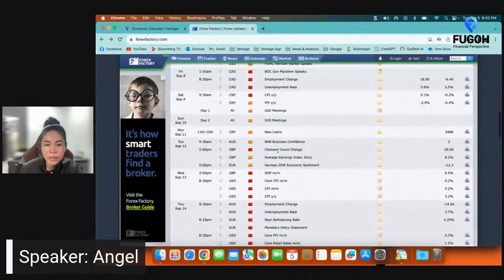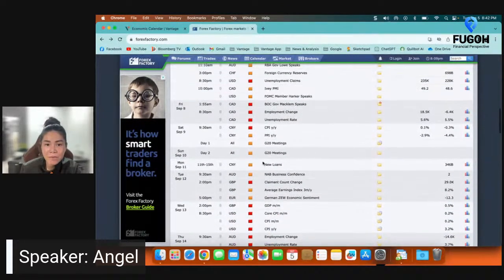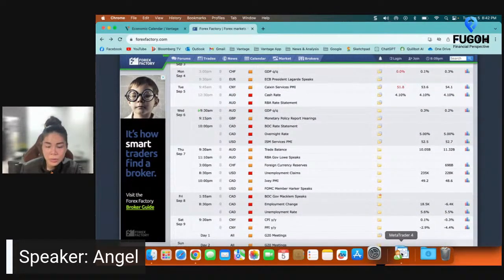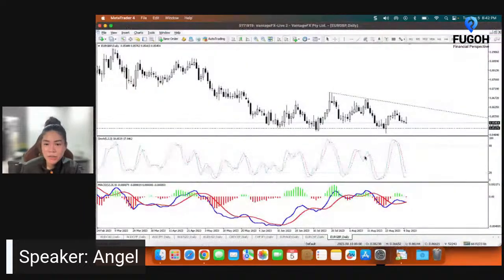And for this week, we have nothing for this week. All right, so if there's nothing for this week, there's going to be not much of a force for us to re-enter the market for this pair this week.